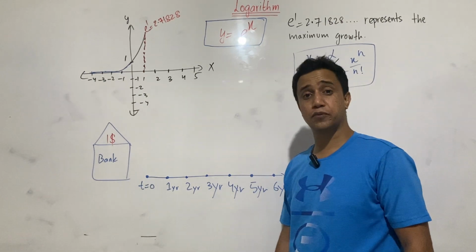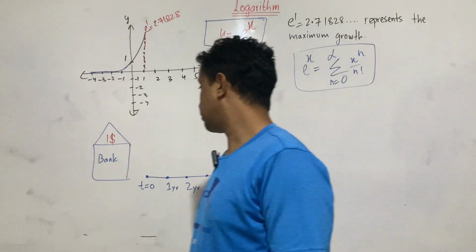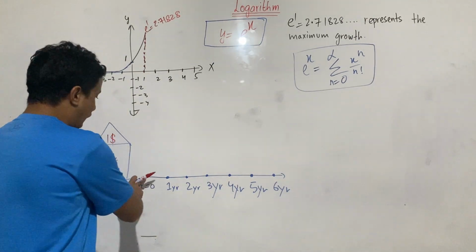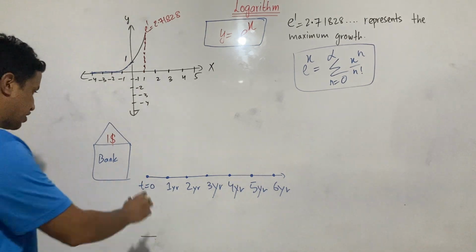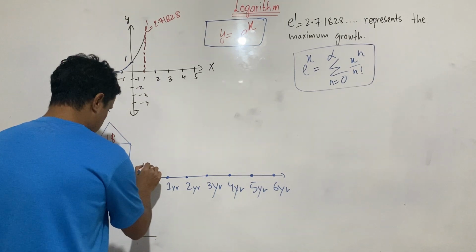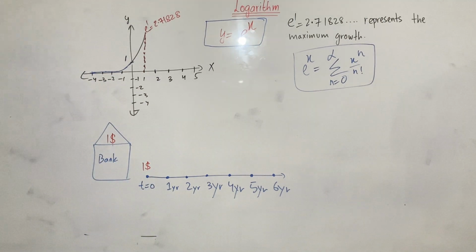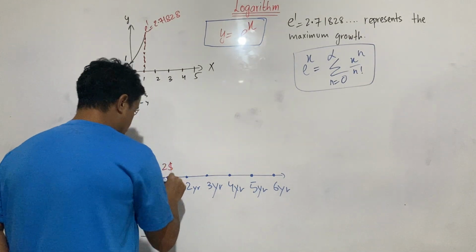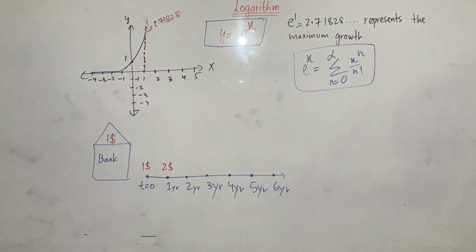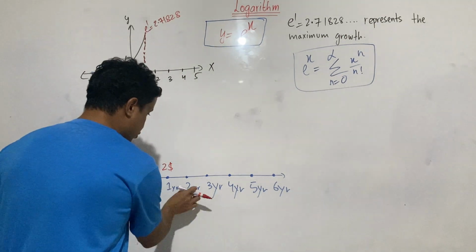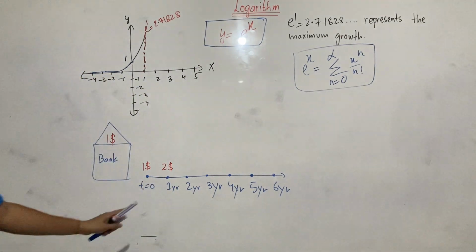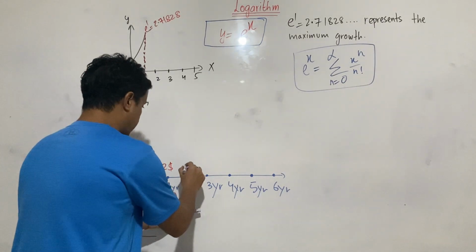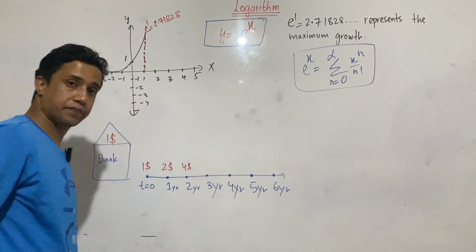What does that mean? If I put my $1 here today, then after 1 year it's going to be $2, and after 2 years, because for the next year this is the principal amount, it will become $4.